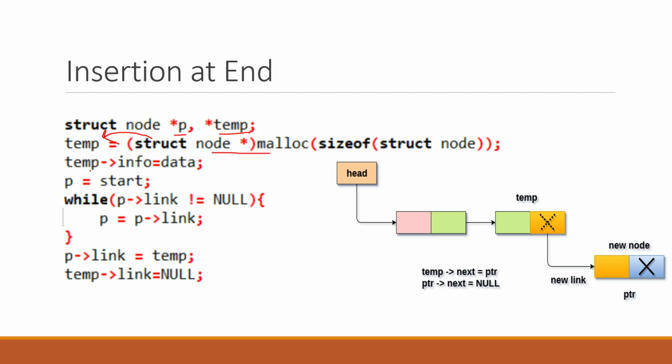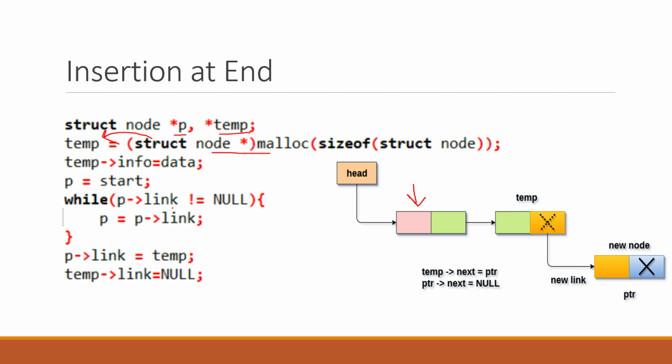Here we fill the information part of the newly created node. Temp info is equal to data. Now we will assign P equal to start. P points to this node, while P link is not equal to null.